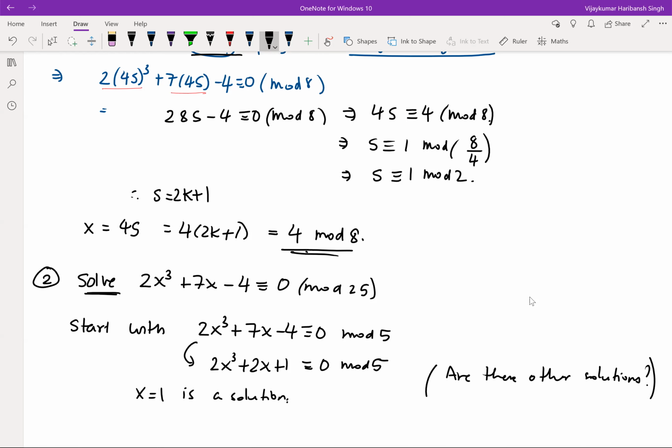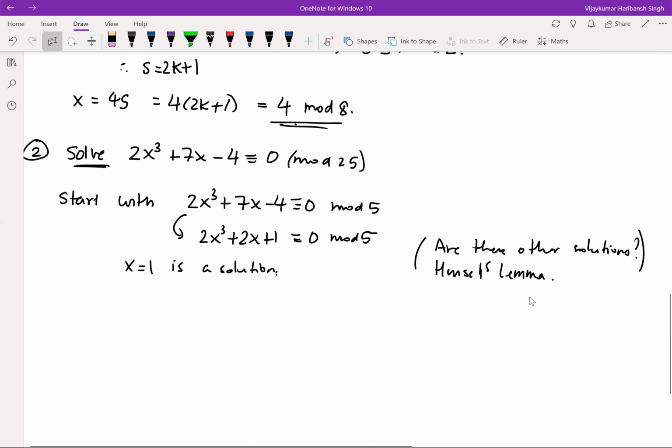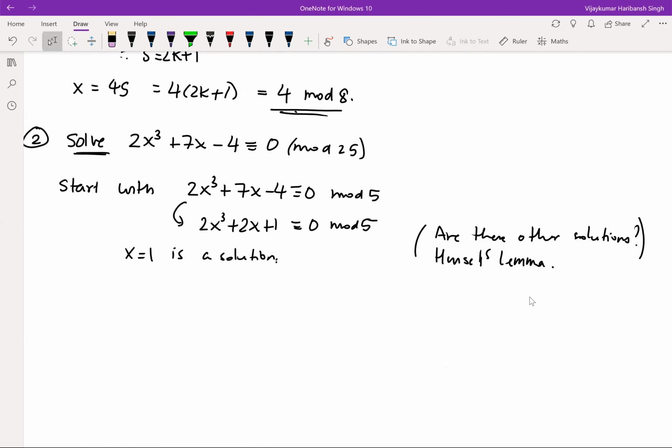That's a meaningful question to ask, and we'll see later in Hensel's lemma. Using Hensel's lemma, we'll see if there are more solutions. Right now let x be a solution, so x is congruent to 1 mod 5.